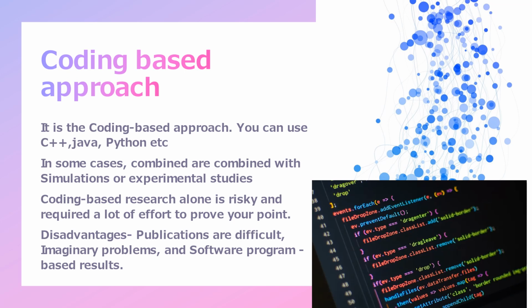You need some kind of validation in this coding based approach. Your work should be of top notch quality for publication houses to publish it, because during the COVID phase a lot of researchers have done only coding.